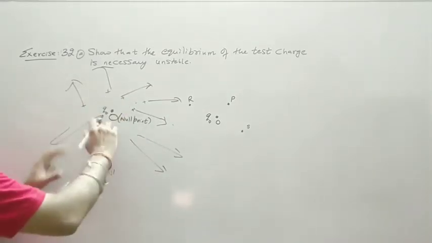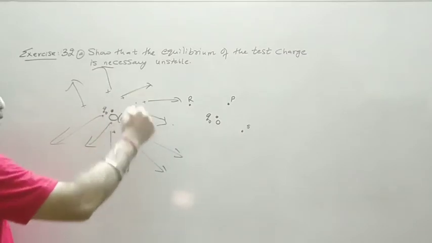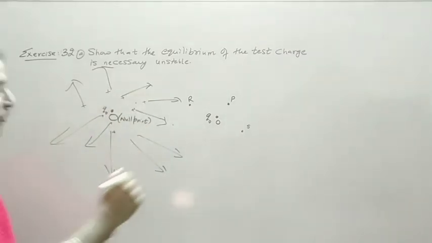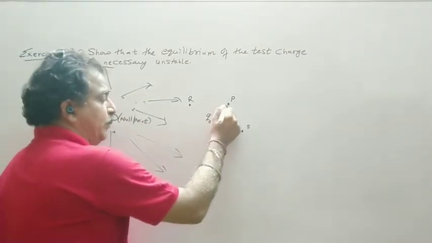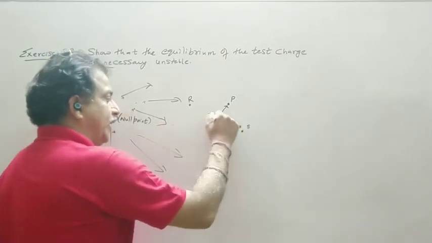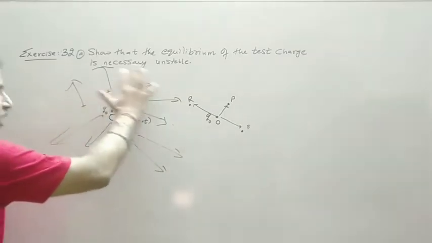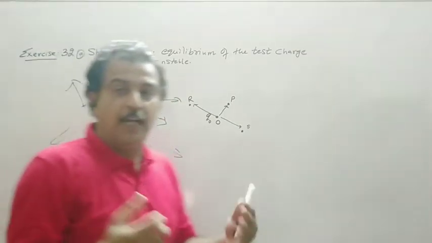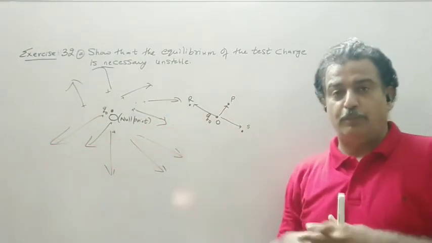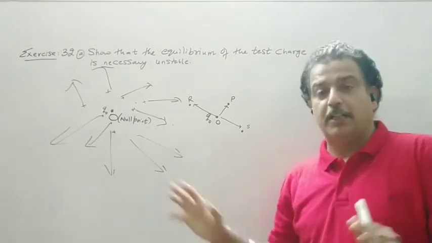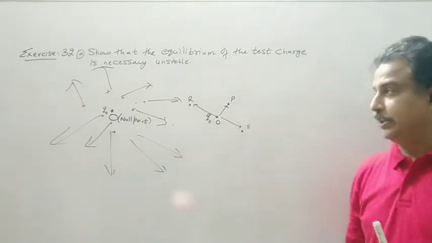Now the density is not the same. Somewhere the field is more, somewhere the field is less. So if I move the charge to point P, S or R, it is clear that the field is non-uniform. It is an arbitrary configuration.